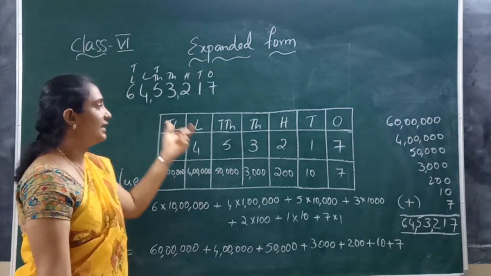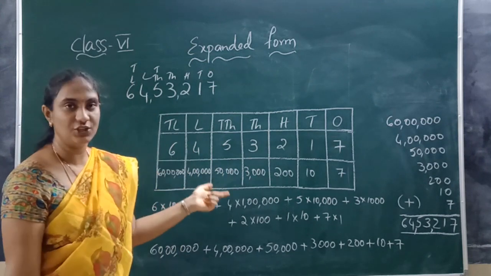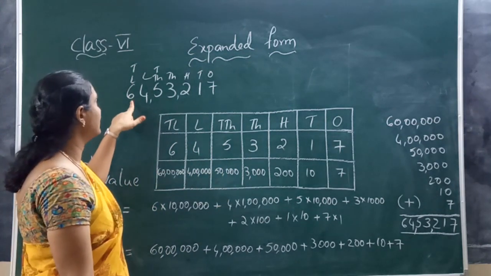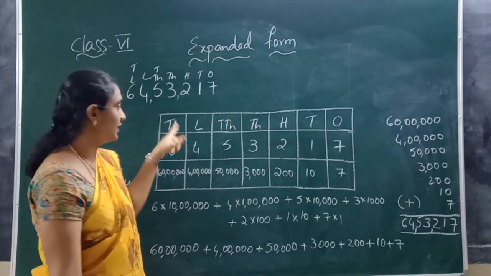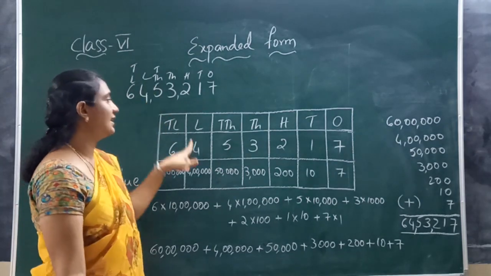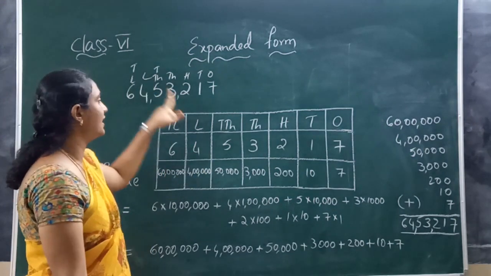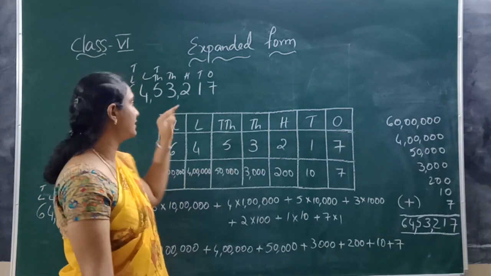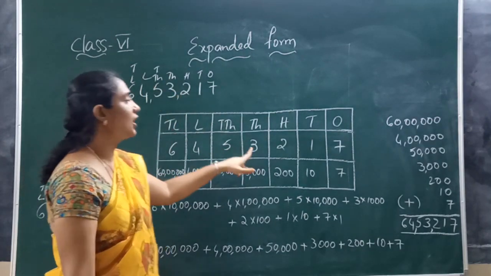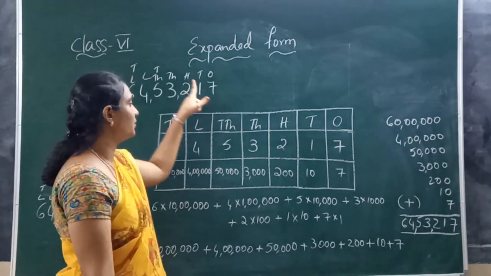Okay. Now, let us see in the place value chart. 6 is in which place? 10 lakhs place. 4 is in which place? Lakhs place. 5 is in which place? 10,000 place. 3 is in which place? 1,000 place. 2 is in which place?